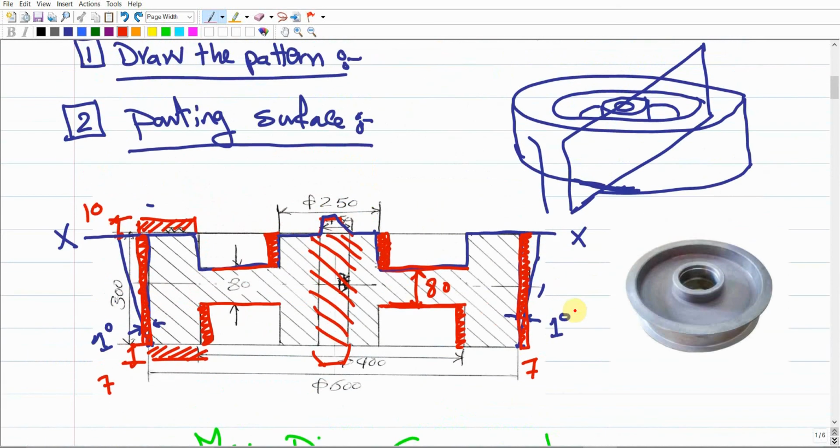Going back to the area, we're going to build 7 millimeter over the top surface. This 7 millimeter will increase the area dimension, and we're going to build another 5 millimeter over the bottom surface. This 5 millimeter as well will increase the 80 millimeter. So both 5 and 7 will increase the 80 millimeter.